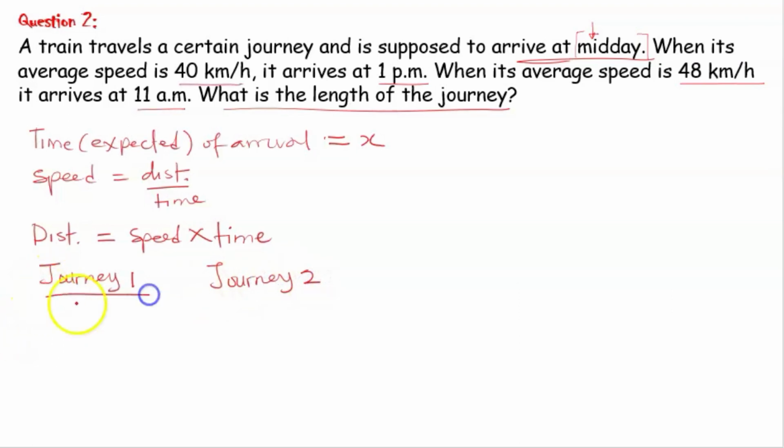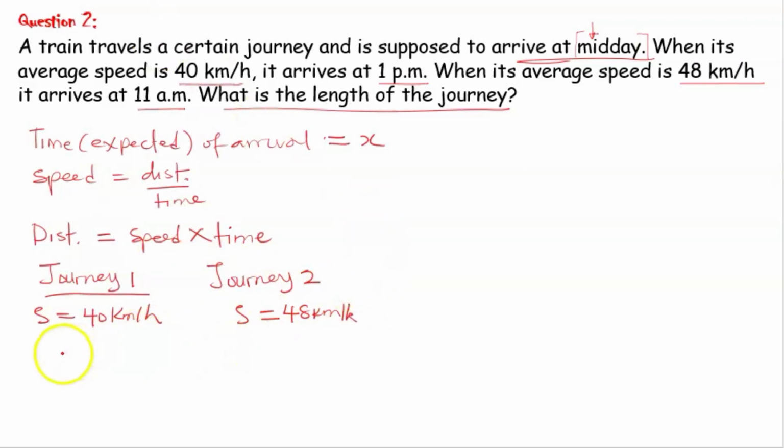For journey 1, I have my speed equal to 40 kilometers per hour. Of course, for journey 2, I have my speed to be 48 kilometers per hour.